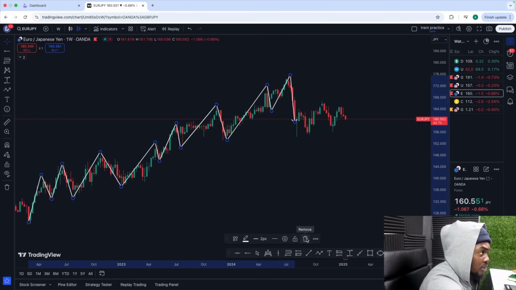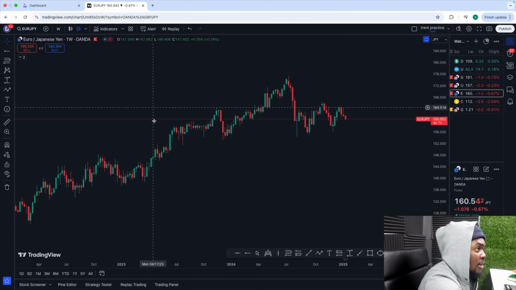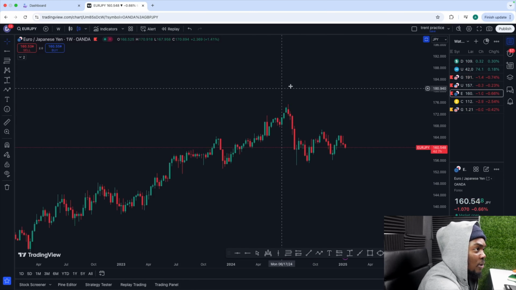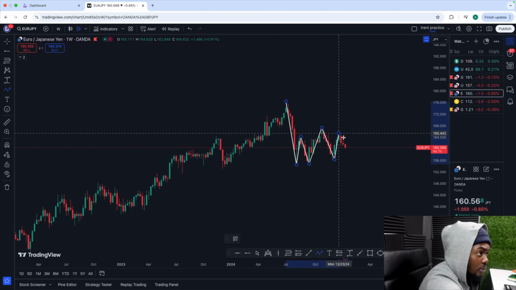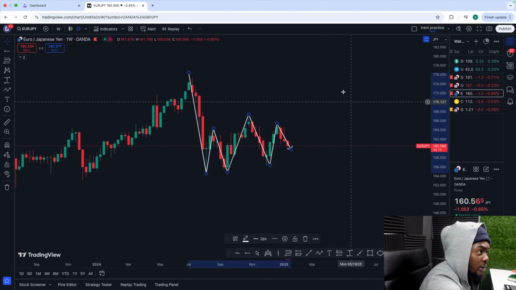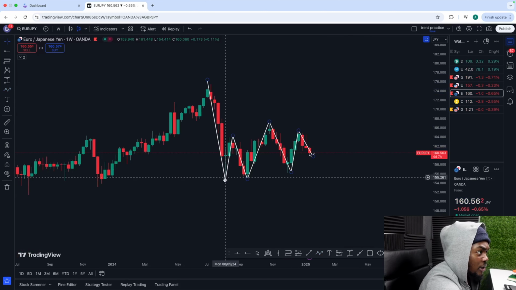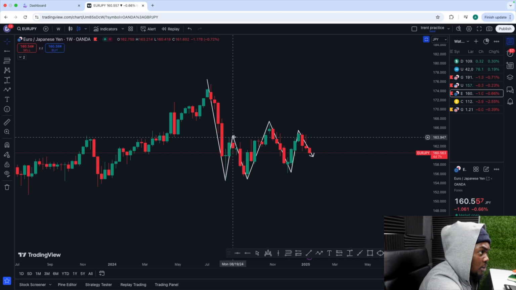So let's delete these lines real quick. We've already identified that the market is in an uptrend. And you may say, well, in this area, the market is downtrending. Is it really? Is the market downtrending in this area? It looks like the market has made a low, made a higher low, made a lower low, then makes a high.